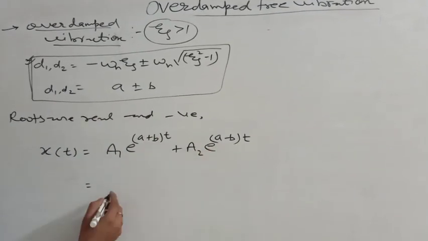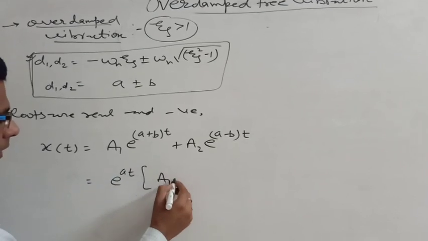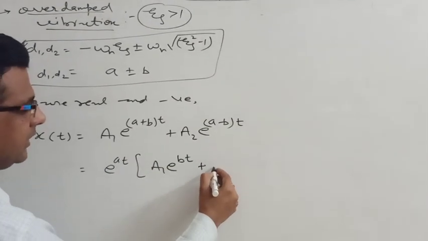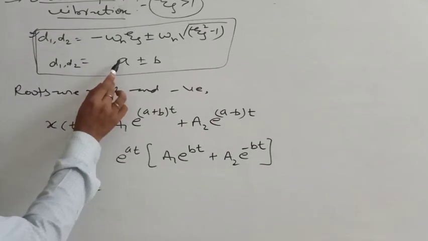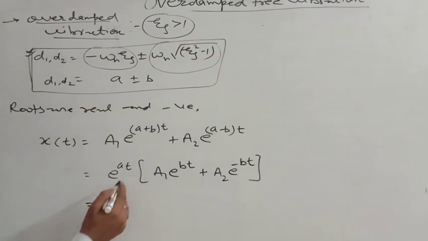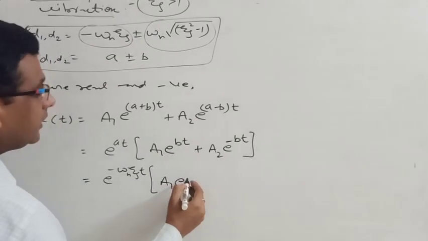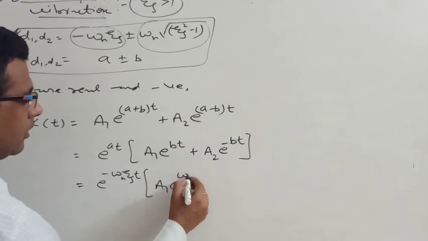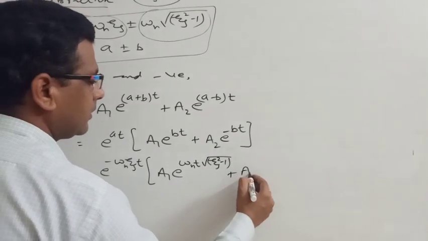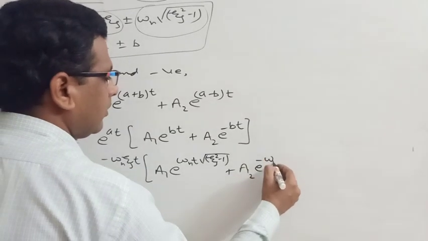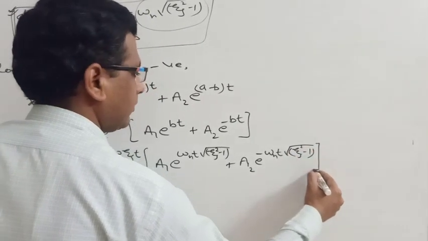Now from this it is also clear that, if you are taking exponential a as common, then exponential power bt plus A2 exponential minus bt, and by putting the value of a equals this and b equals this, our equation is minus omega n zeta t into A1 e power omega n t under root of zeta square minus 1 plus A2 e power minus omega n t into under root of zeta square minus 1.